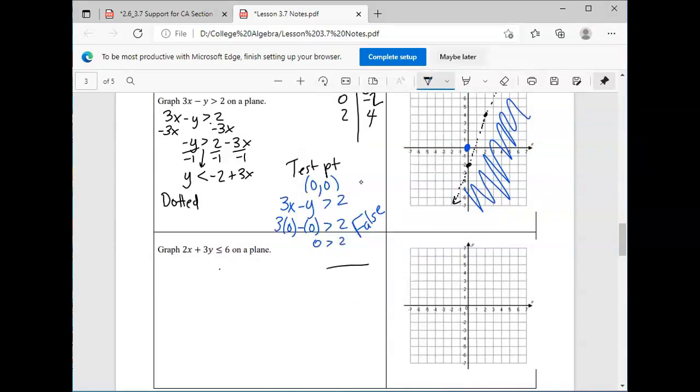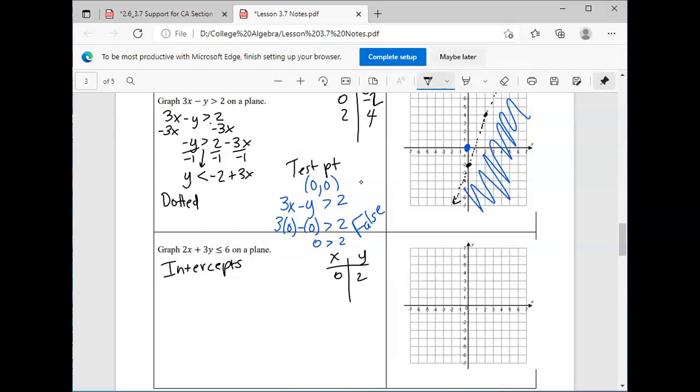It would be really easy on this one to find intercepts, because if you let x equal 0, I'm just giving you another option. So I'm going to do the intercepts. If we let x equal 0 here, then we cross out this, because that would be gone. What is 6 divided by 3? 2. Okay, and there's nothing wrong with plugging this in the graphing calculator.